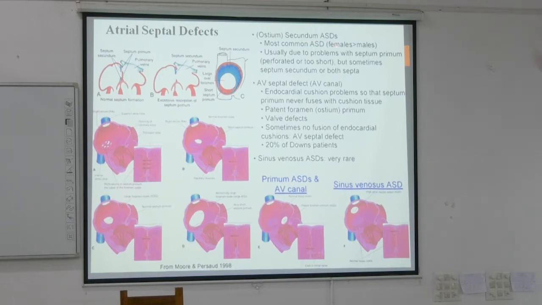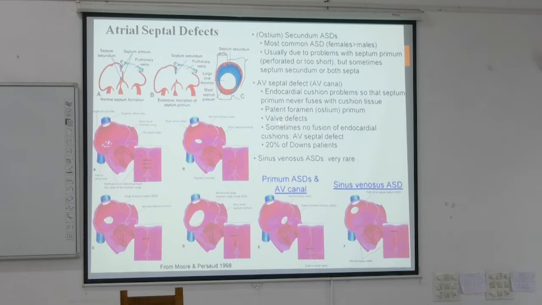We call this the secundum variety. So, there is a hole within this particular interatrial septum, and that hole is quite large. This is the commonest variety of the septal defect.